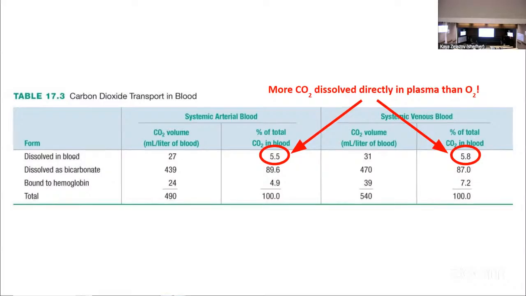Some of it is directly dissolved in blood, so directly in your plasma. There's more of it in your plasma than there was oxygen, right? Oxygen was very, very little directly dissolved in plasma, like 1-ish%. Carbon dioxide, we're up at about 5 or 6% directly dissolved in blood. We can see we also have a little bit bound to hemoglobin, right?